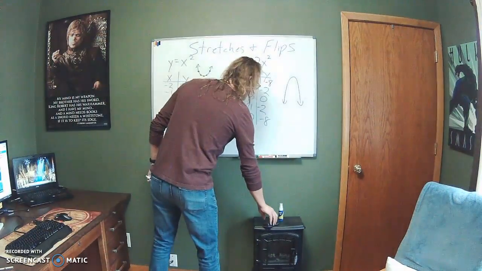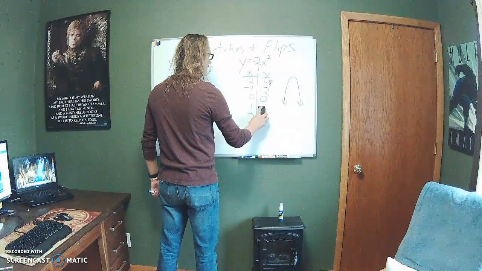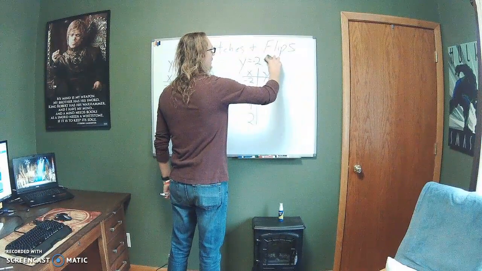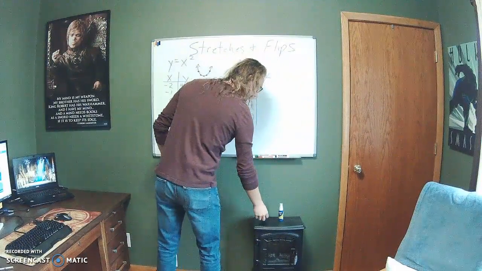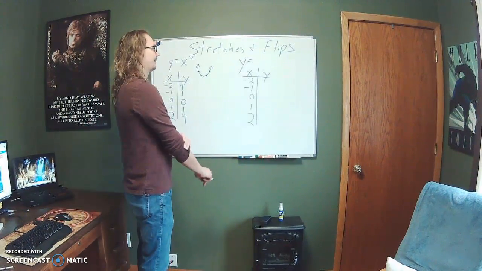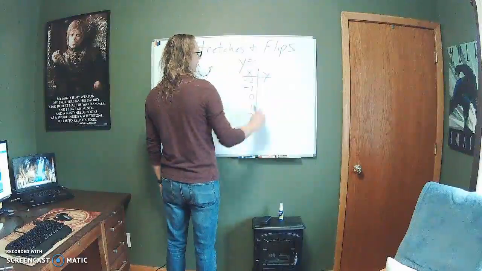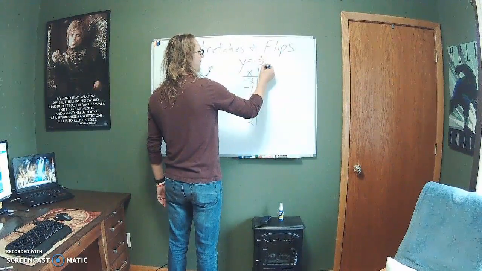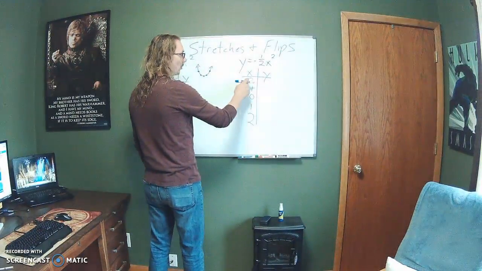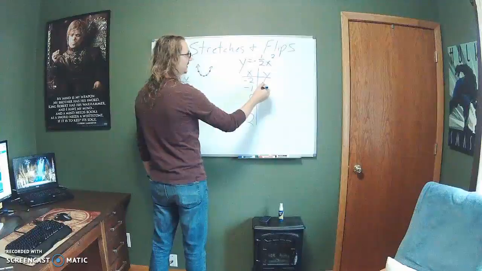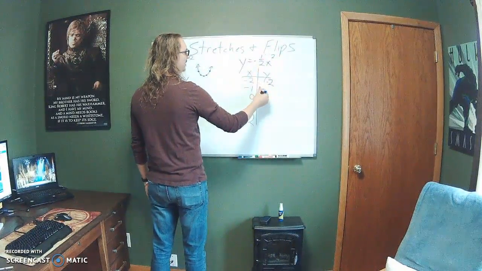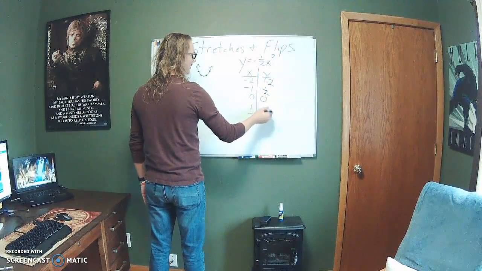And then the last one that I want to demonstrate is a fraction. Anything between -1 and 1, except for 0, which just gives you a straight line. So let's do -1/2, it's easy math, x squared. Okay? -2 squared is 4. 4 times -1/2 is -2. -1 squared is 1 times -1/2 is -1/2. 0 is 0.